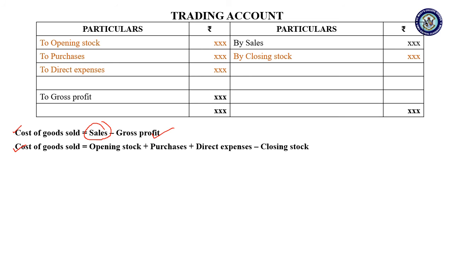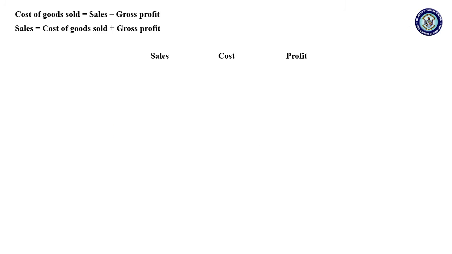Next you take down: cost of goods sold is equal to sales minus gross profit. Next you write: sales is equal to cost of goods sold plus gross profit. I'm just interchanging the place.